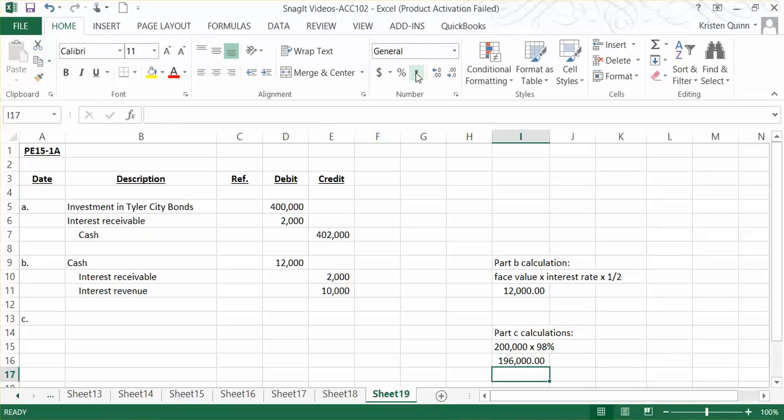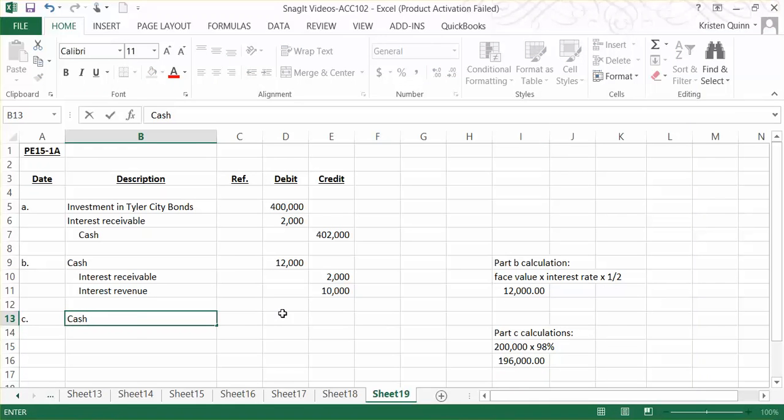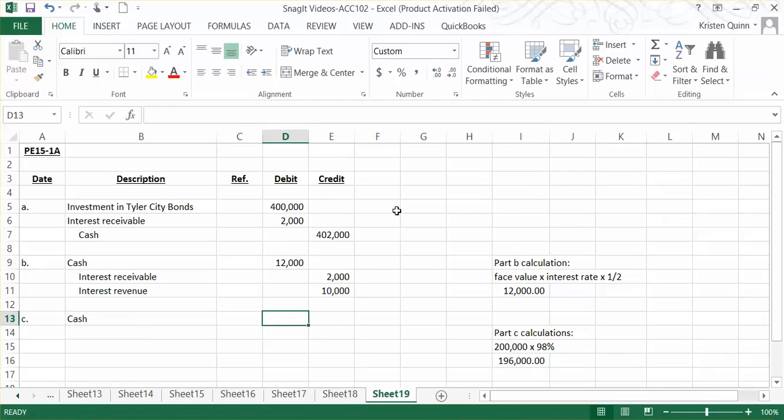We're also receiving $1,000 in cash for accrued interest. So we are receiving cash for the sale of these bonds. We're getting the $196,000 plus the $1,000 in accrued interest.